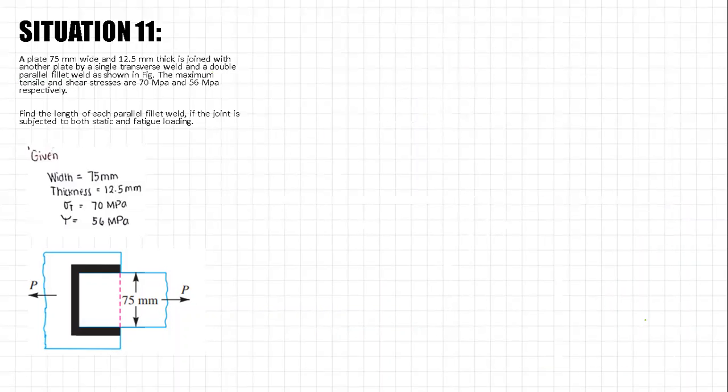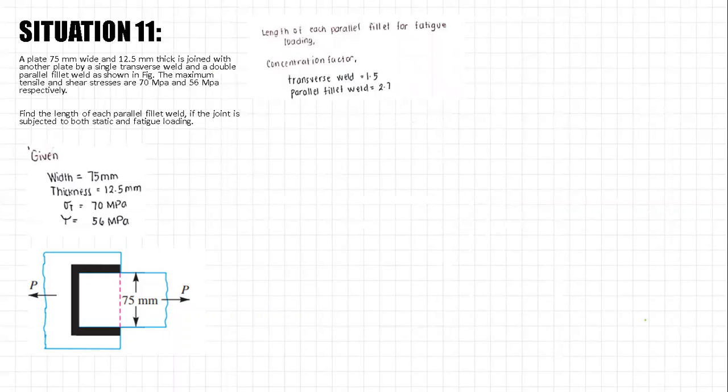Next, we get the length of each parallel fillet for fatigue loading. Fatigue loading refers to changes observed in a material under the influence of stress, meaning the load is fluctuating. So here the stress concentration factor comes in. For the transverse weld, we have 1.5, and for the parallel fillet weld it is 2.7.